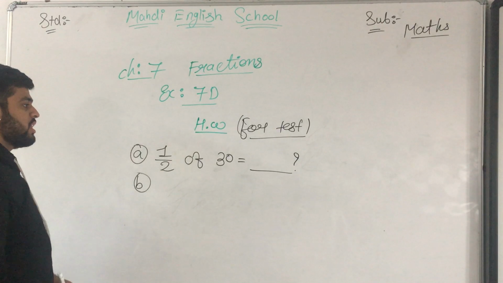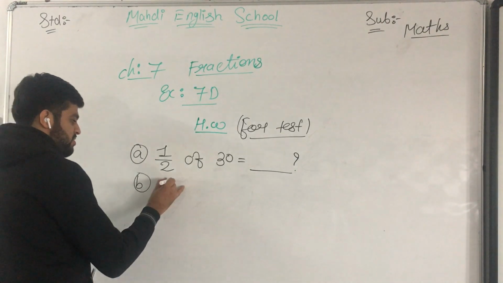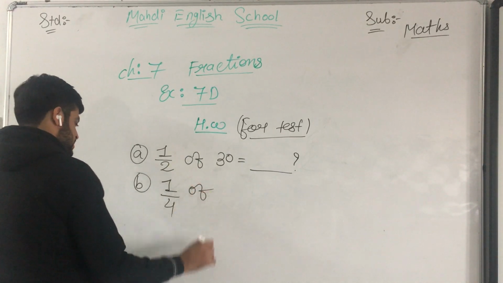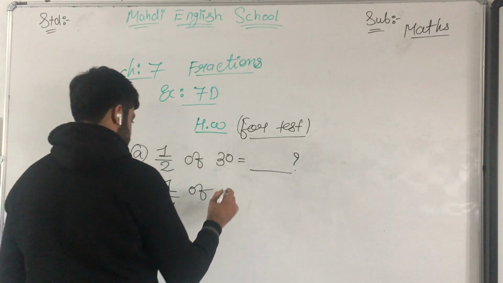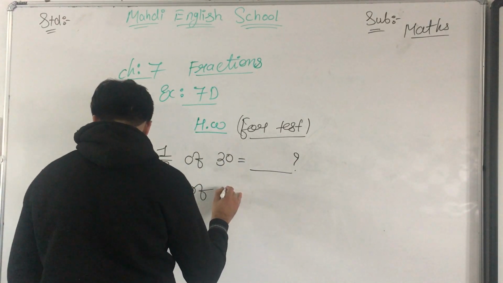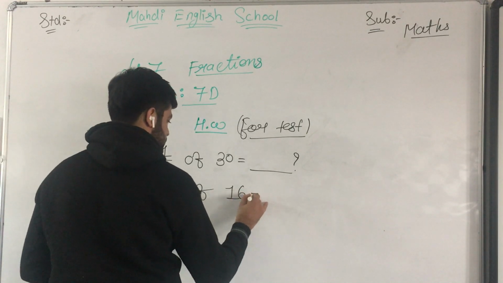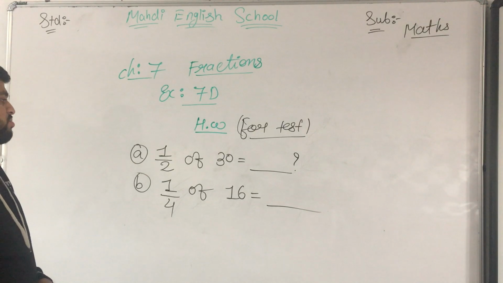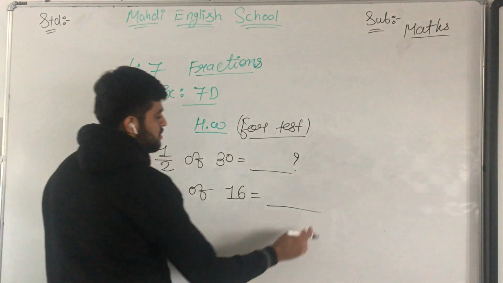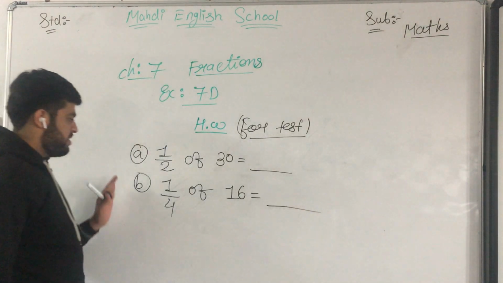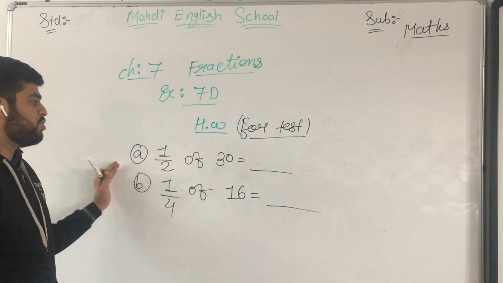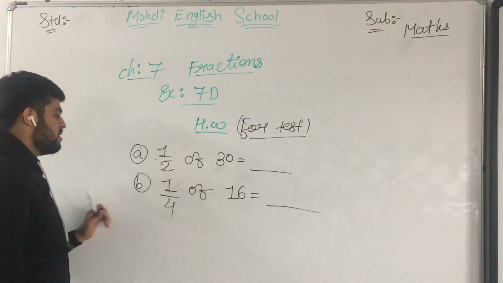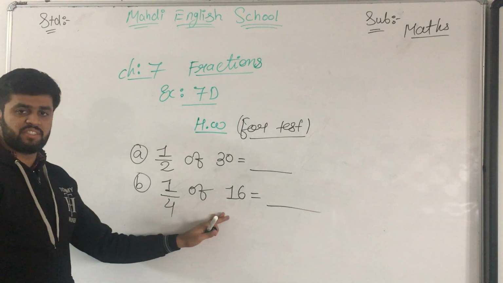Now with question number B. Okay, my dear students, see this question, 1/2 of 30, and question number B is what? 1/4 of 60.